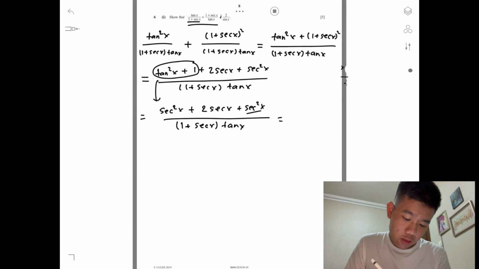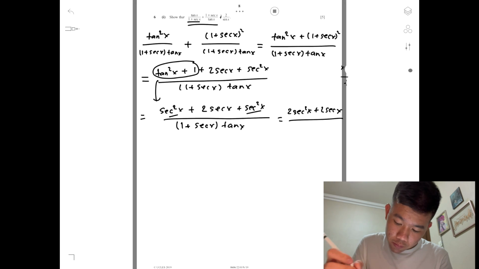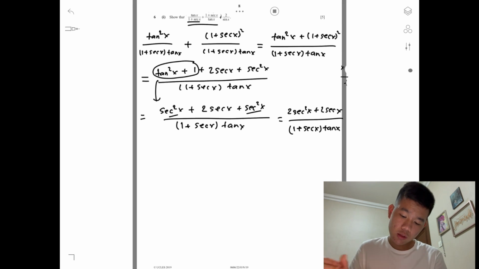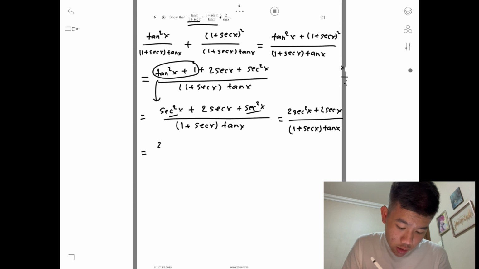And now we can just add this up together. 2 sec squared x plus 2 sec x over 1 plus sec x times tan x. Okay, and so next, I think that we just need to take out the 2 sec x.